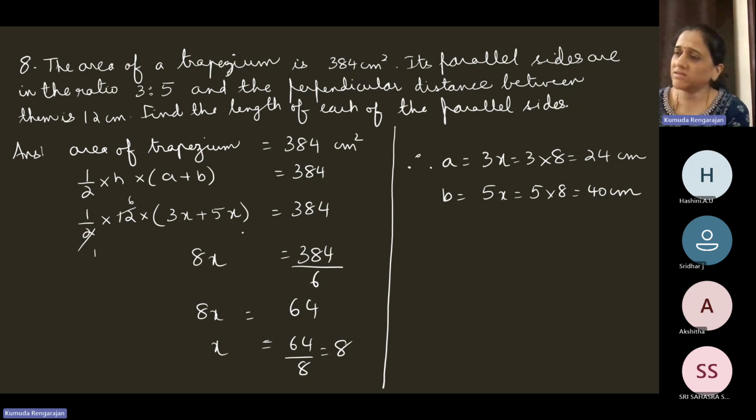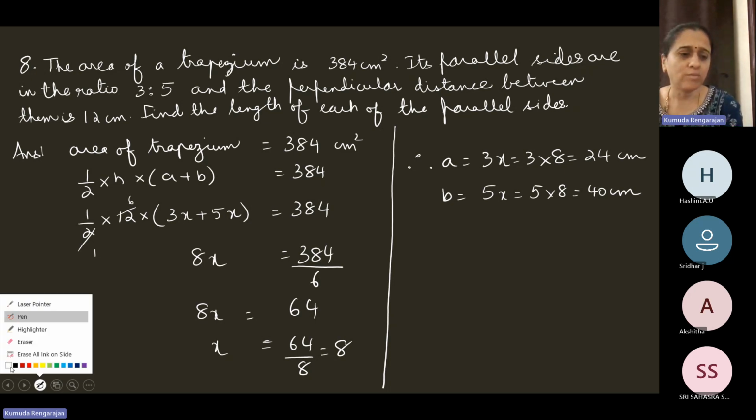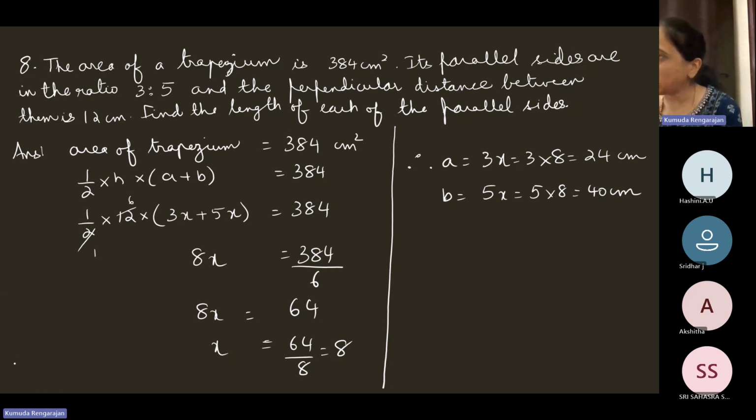Okay, this again is a simple question. The formula to find the area of a trapezium is half into h into a plus b. H is the distance between the two parallel sides of the trapezium. What is a trapezium? It's a quadrilateral in which one pair of opposite sides are parallel.